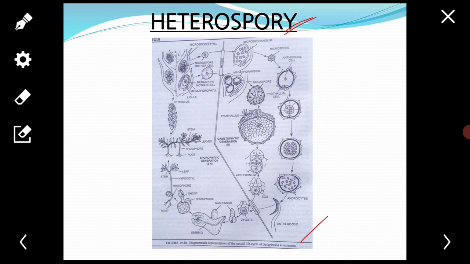Microspores, megaspores. Heterospory in Selaginella. All the species of Selaginella are heterosporous, means they produce two different kinds of spores in each plant.